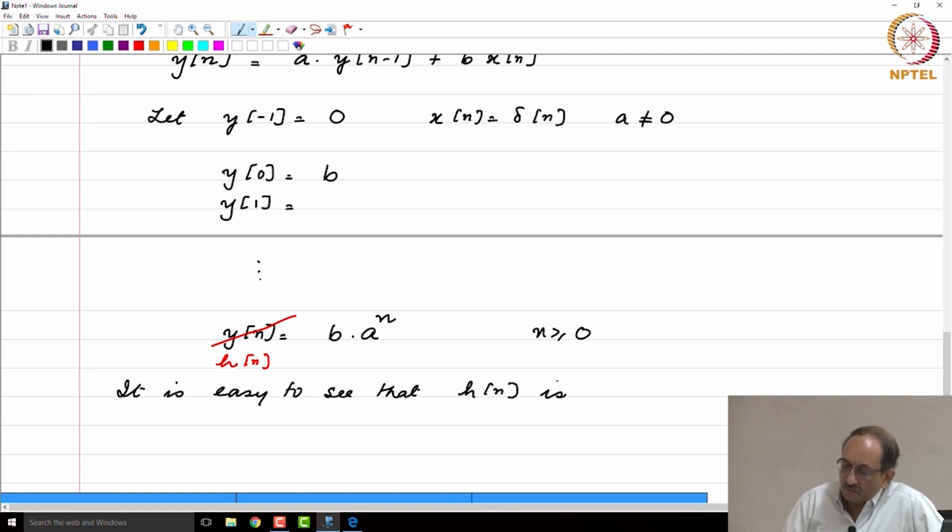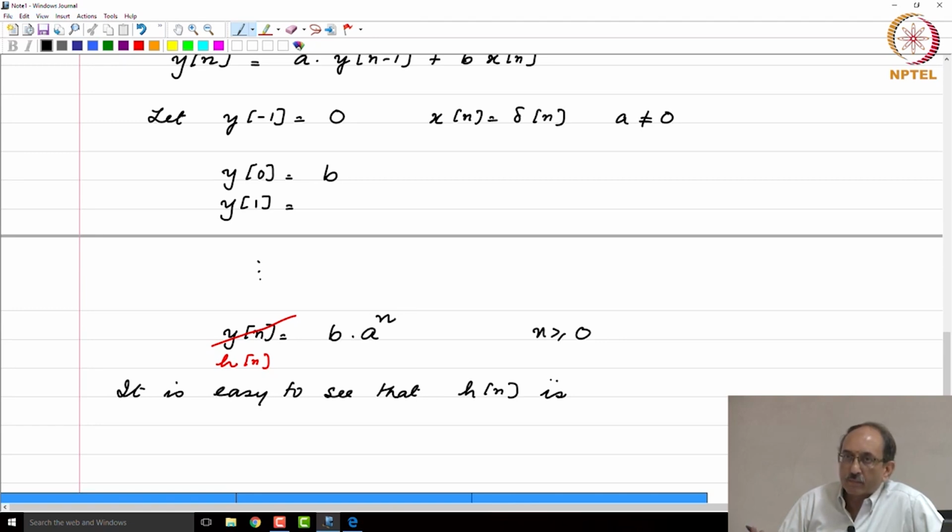It is easy to see that h of n is, let us go back and look at the classification we have given in terms of impulse response duration. Is this IIR or FIR?